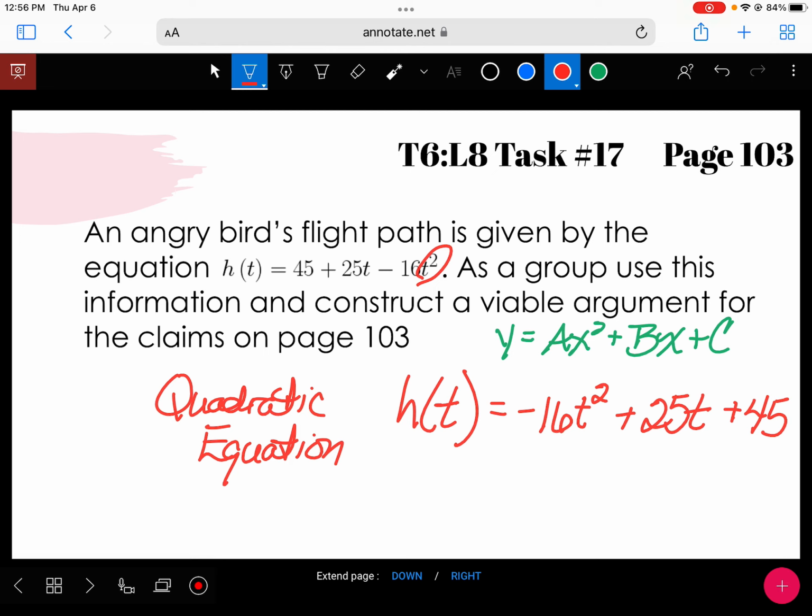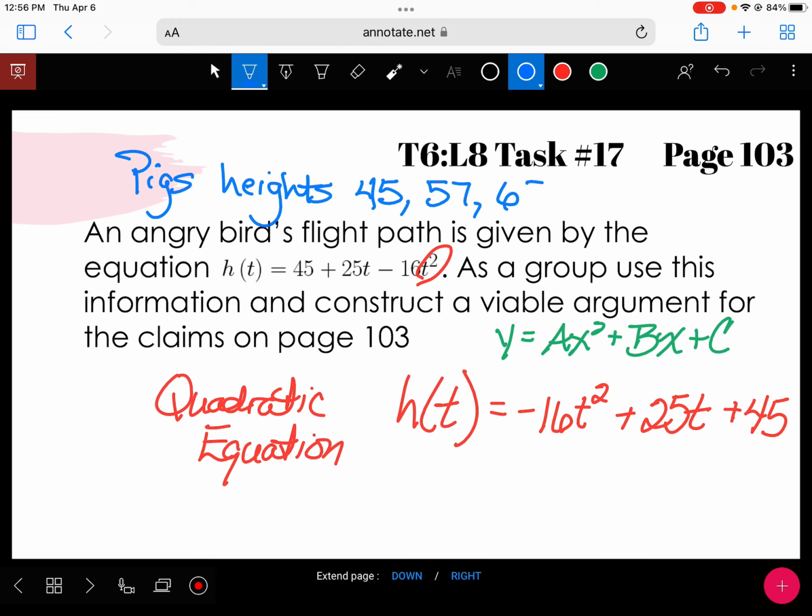Okay, so let's look at this. I'm going to help you just get started, and then I'm going to have you get in groups, and I want you to talk about this. So they want to know, are the pigs at these heights, and what are they again? 45, 57, and 65.